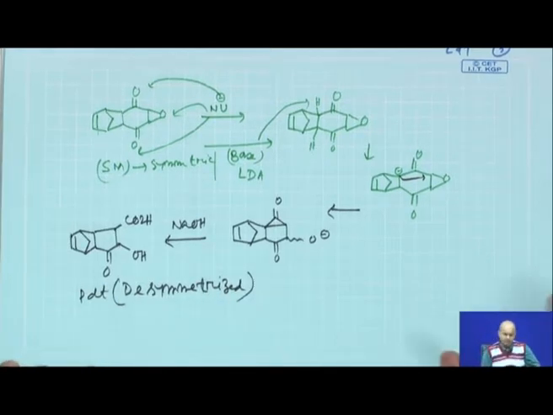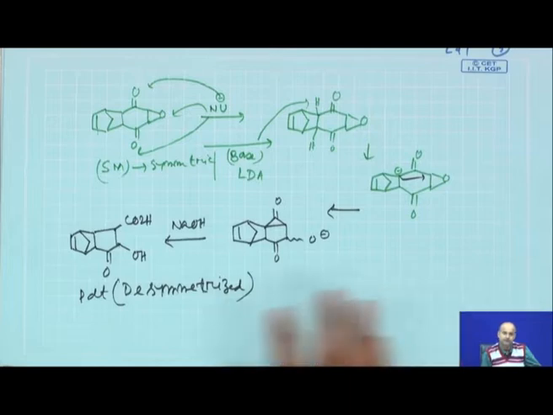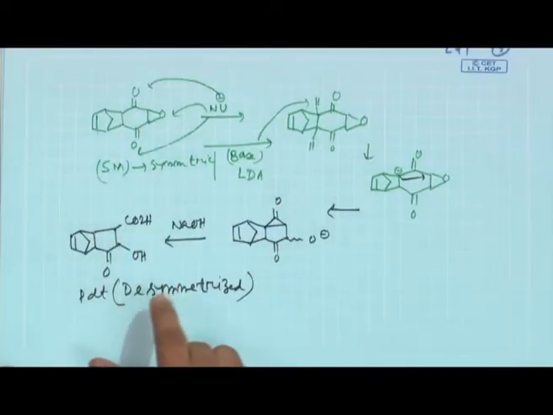Now you may ask, sir, what is the basic thing you are trying to say? I am basically trying to say that this is a very simple transformation. The transformation is a well known transformation. The only thing is this symmetrical starting material is desymmetrized.